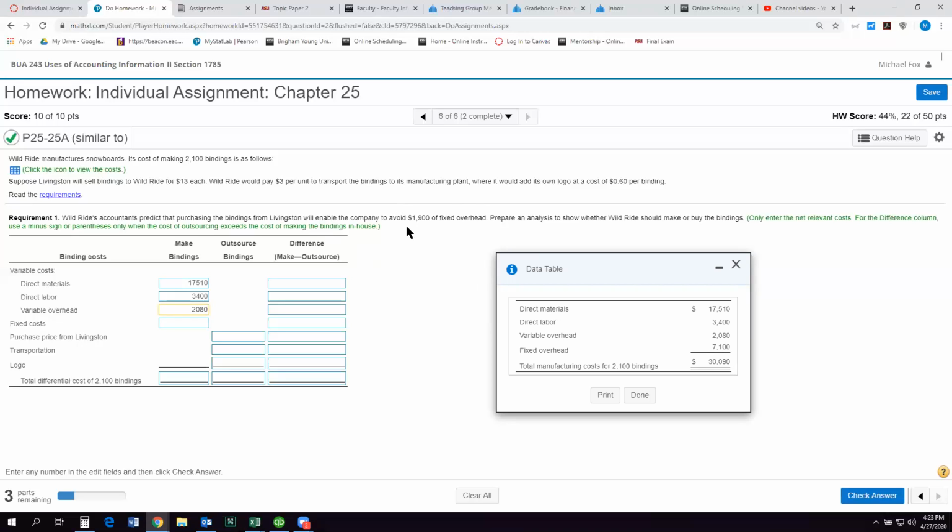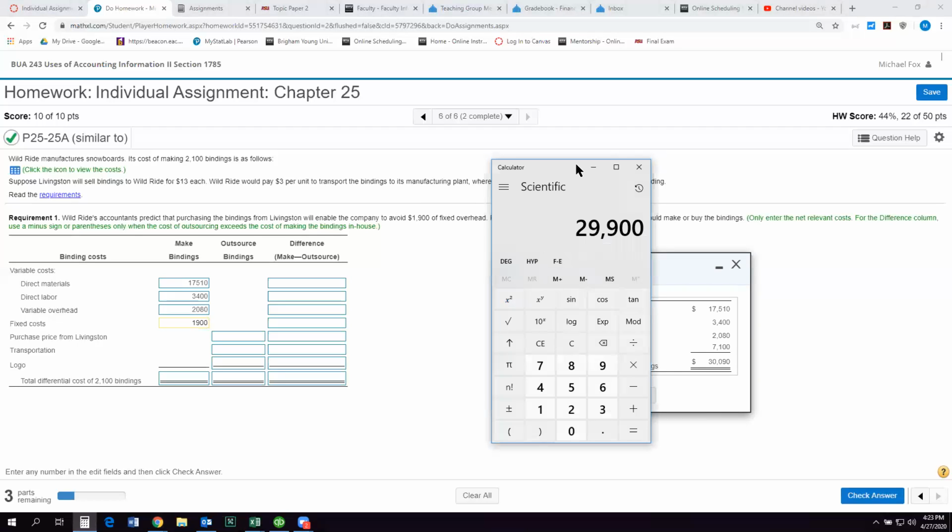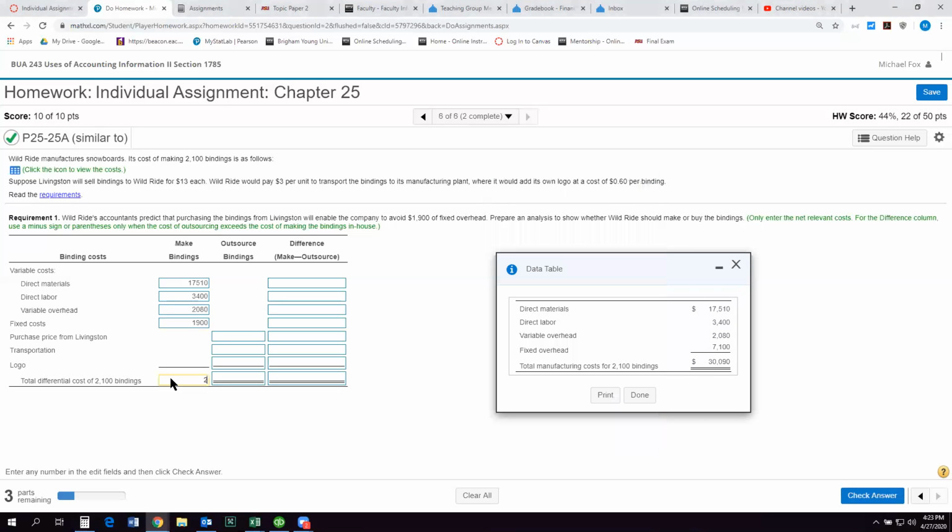So we're going to say that our total cost is the relevant cost, which is $1,900. So if we add those all up, 17,510 plus 3,400 plus 2,080 plus 1,900 is 24,890.